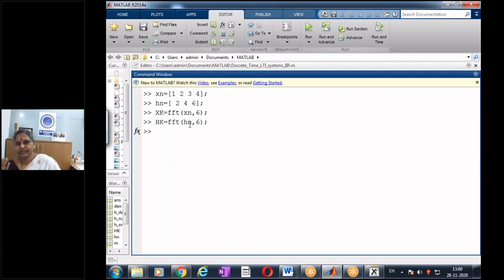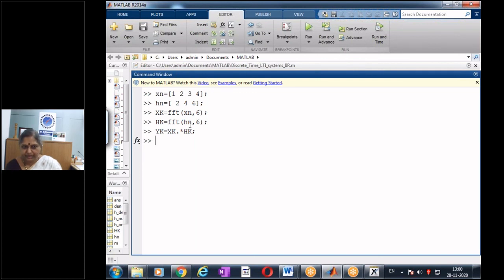So I have computed the 6-point DFT of x of n and the 6-point DFT of h of n. Now my output Y of k is given by the product of X of k and H of k.